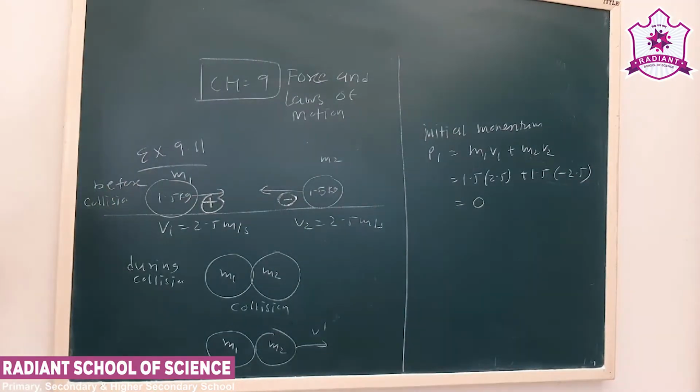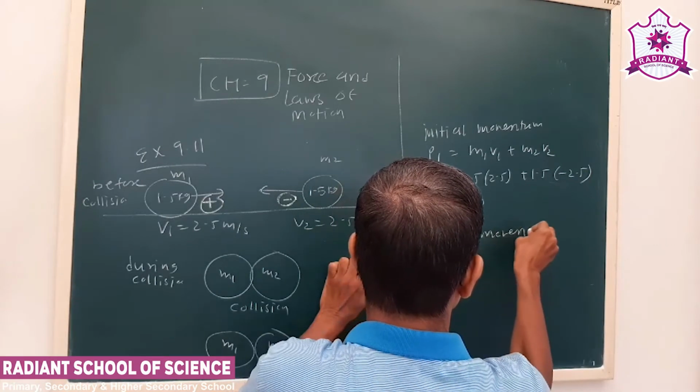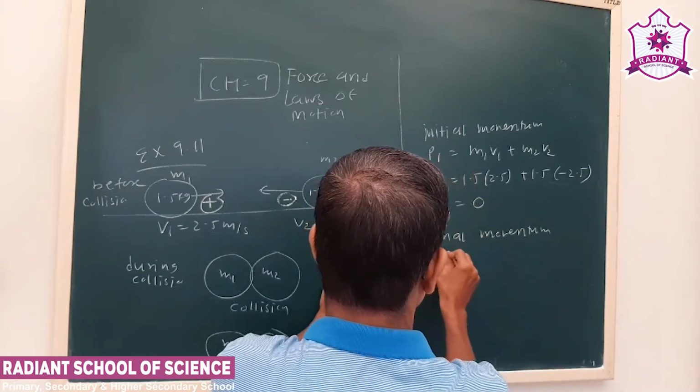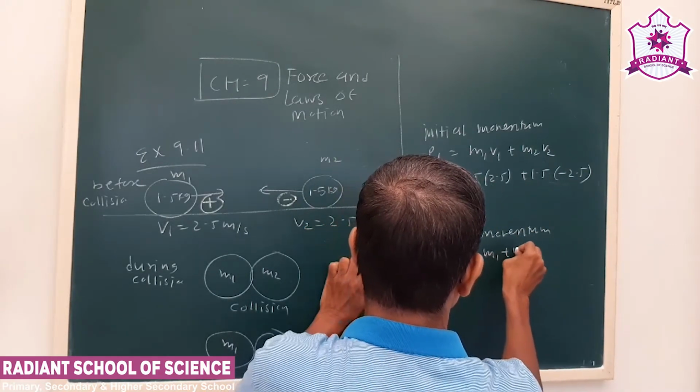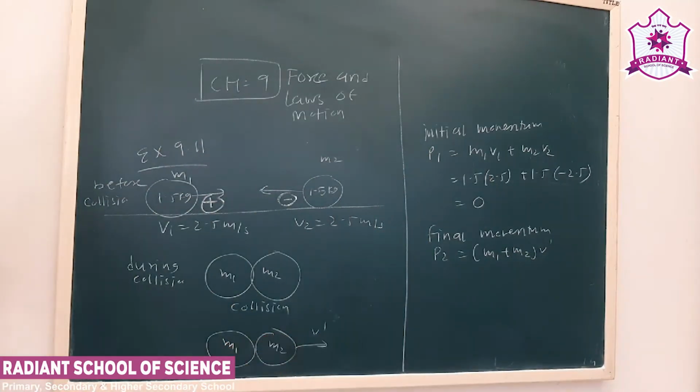Now final momentum: let us say they move with velocity v dash.